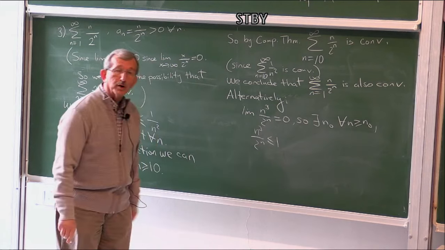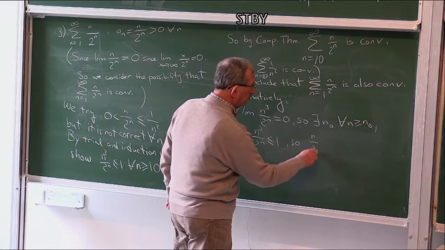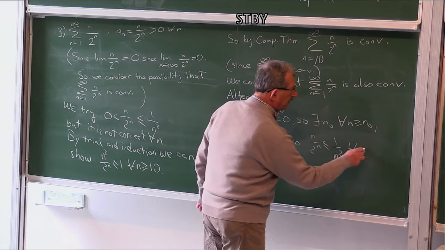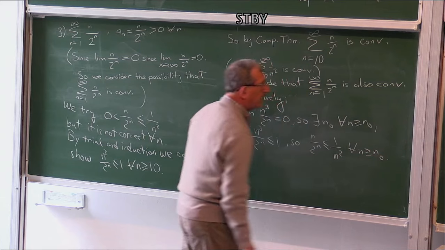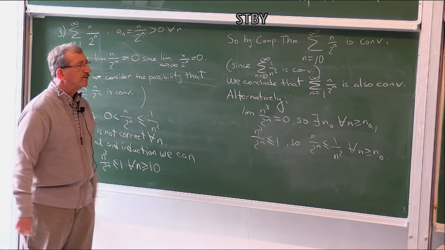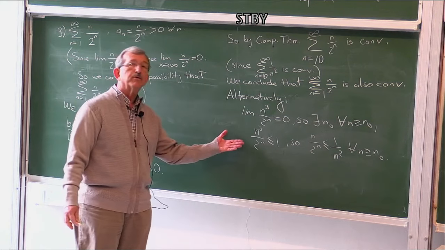And this is what we want. So n over 2 to the n is less than 1 over n squared for all n after n0. And then we proceed as before, we apply the comparison theorem. So what's the point? We don't have to find this n0.